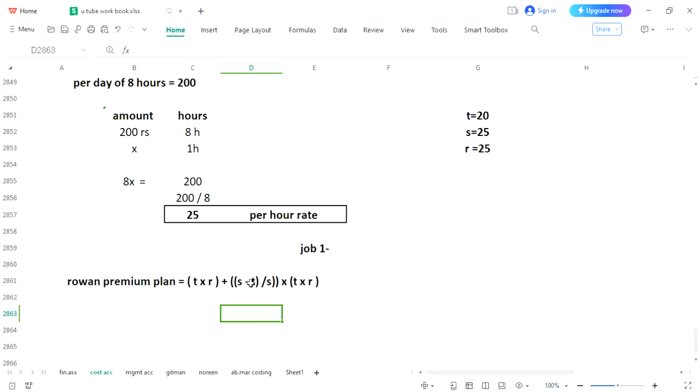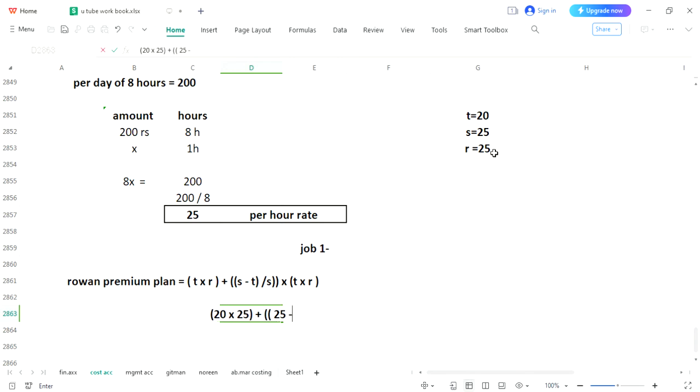So please follow this formula. It starts with a bracket, time taken was 20. You multiply it with small r, 25, bracket closed, sign plus, two brackets, and then the standard time was 25.